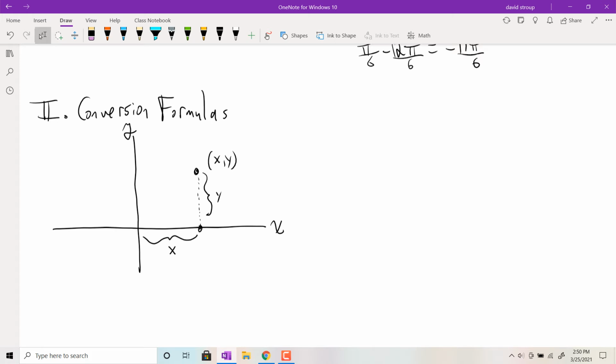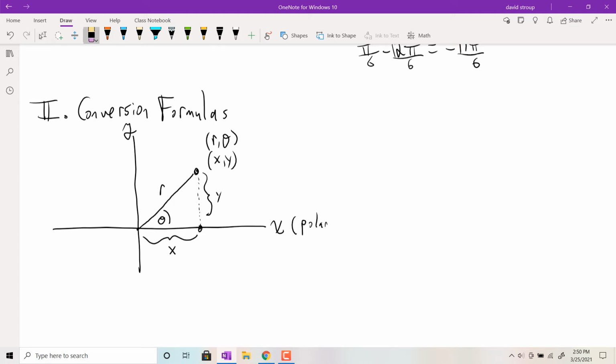In polar coordinates, this point is given in terms of r comma theta, where r is basically the distance from the origin all the way out to this point here. And then theta is the direction away from the x-axis, which is also known as the polar axis, which I should have noted.